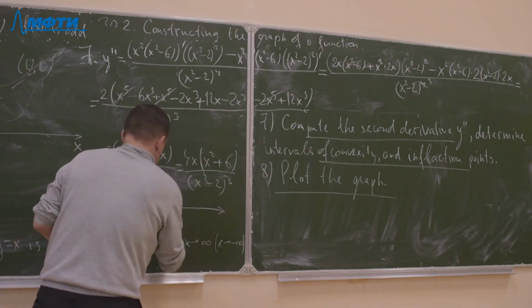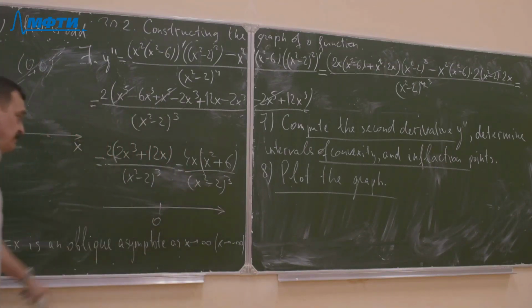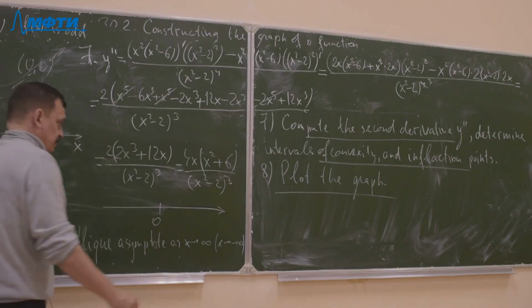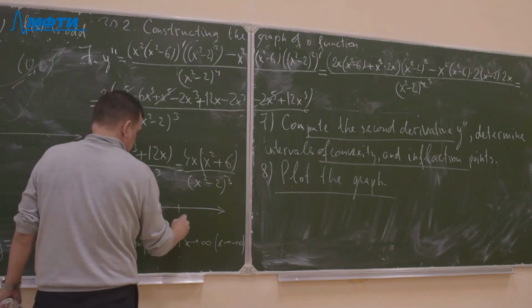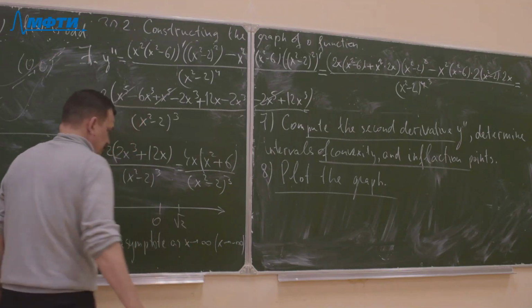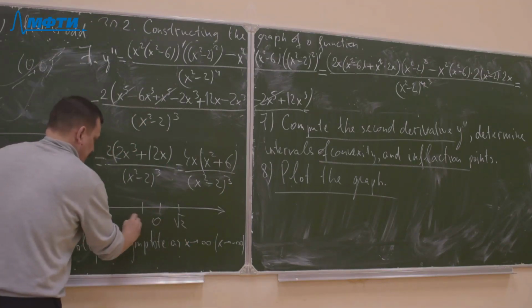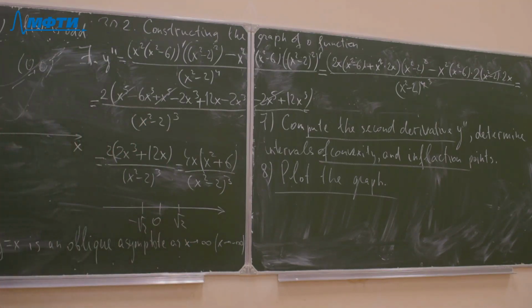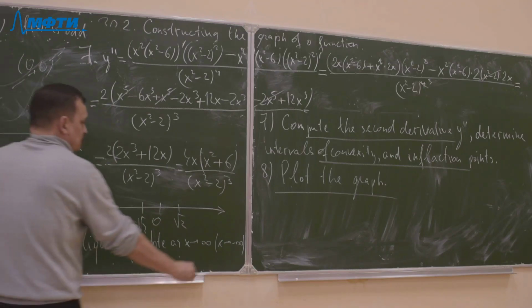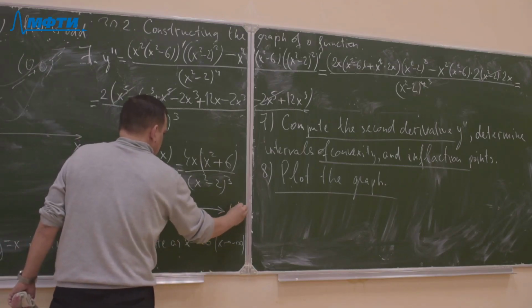Once again, I don't need to draw it to the left of 0, but okay, that is not so difficult, so we can do it. Minus square root of 2, and you see what about y double prime.